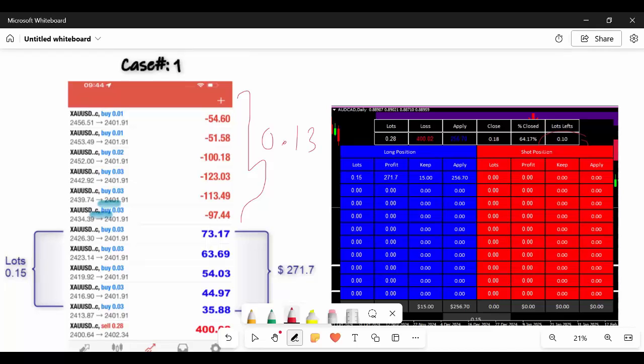So our buy is more than sell by 0.03. So to balance the sell, we need to sell again 0.03. Then if you add 0.03 to 0.10, we get 0.13, and our buy too will be 0.13, and our legs are balanced.